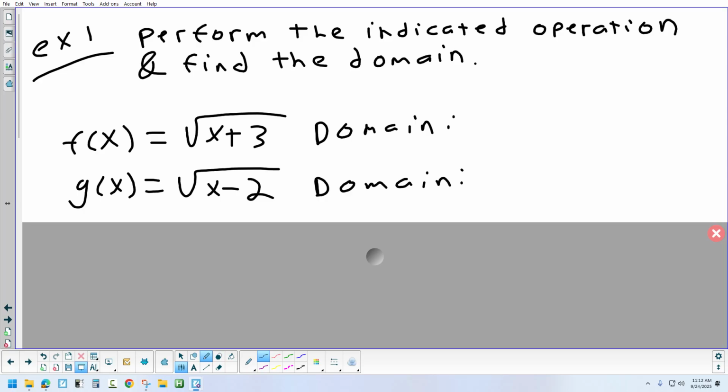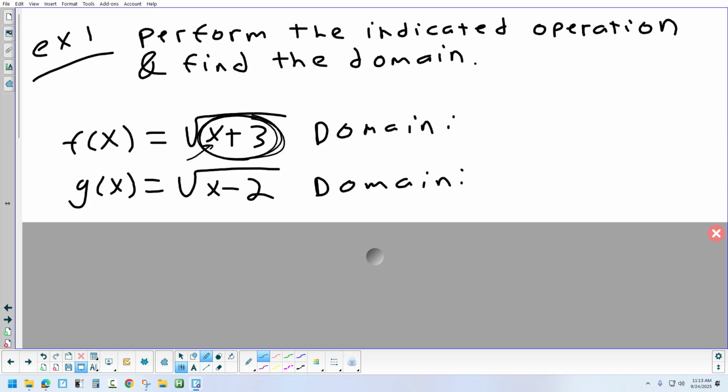Okay. That means we want this to always be 0 or higher, what I circled. Now, can anybody tell me what that means you'd be allowed to fill in for x, if we always want this to be 0 or higher?